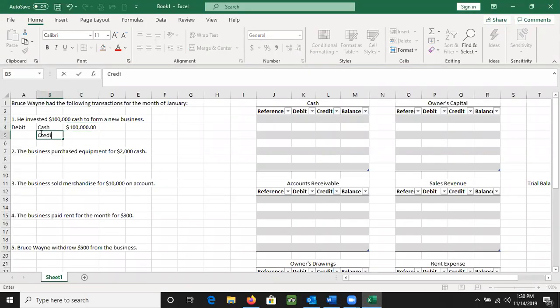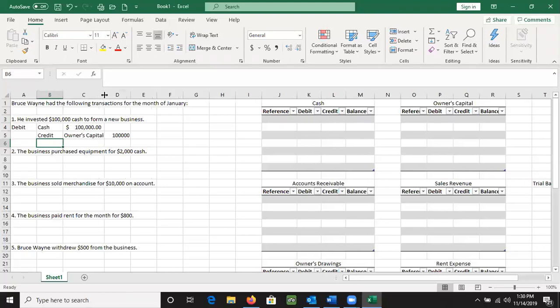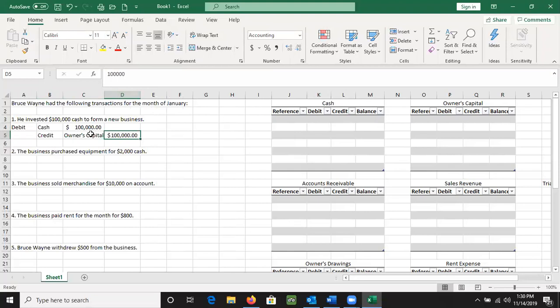Each journal entry has to have at least one debit and at least one credit. And also, the credits and debits must equal. All right, so remember, debits are shifted to the left, credits shifted to the right. You don't have to write debit and credit here. As long as the cash is shifted and an owner's capital is shifted, I know what's debited and credited, okay?